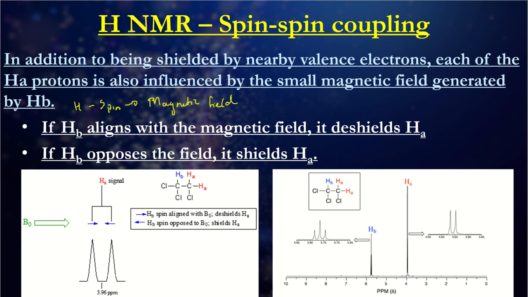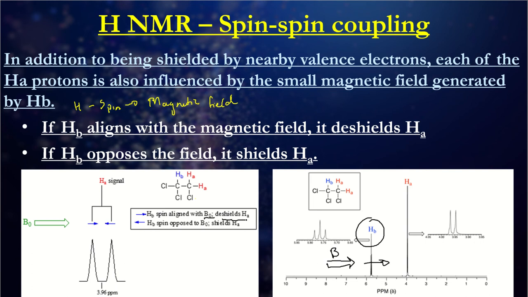Now, say for example, the hydrogen B example that we have aligns with the magnetic field that we're producing. So hydrogen B, it aligns, so it's moving in the same direction at which I'm applying my B field. So the B field is going in this direction here. Okay? What will happen if its spin aligns with the magnetic field?